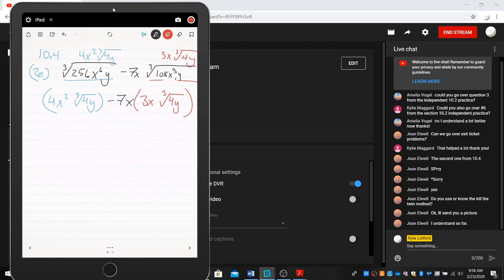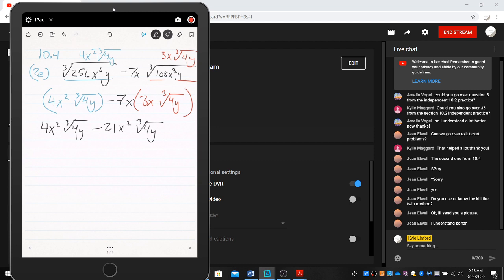So when we combine these together, or simplify some more, we get 4x squared and the cube root of 4y minus 7 and 3 makes 21, x and x makes x squared, and we have the cube root of 4y. Okay, we need to see, can we actually now simplify these by combining them together?